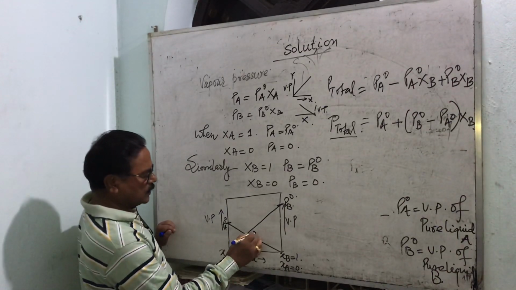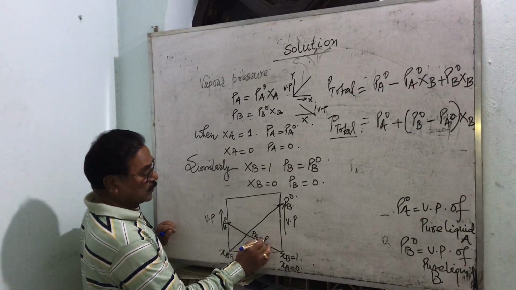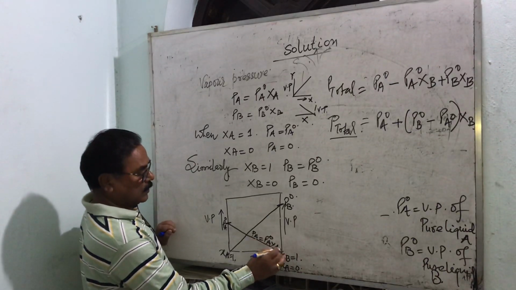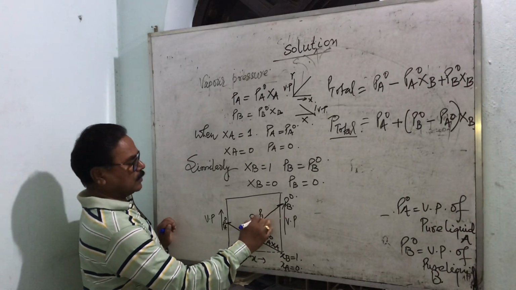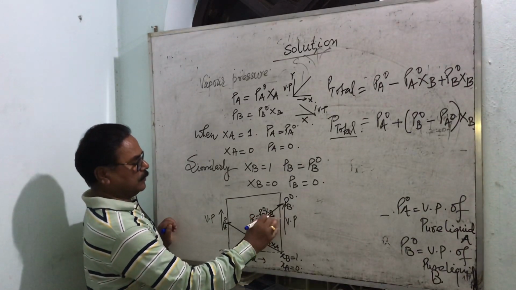This curve is written as PA equal to PA naught XA, and this one is PB equal to PB naught XB.